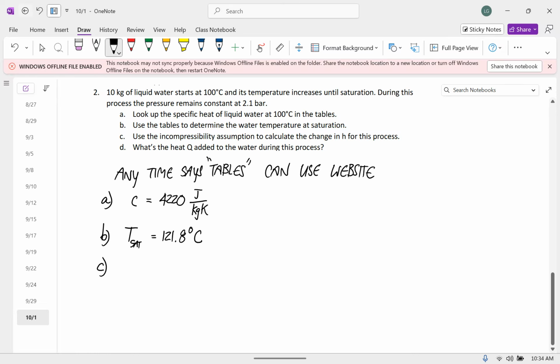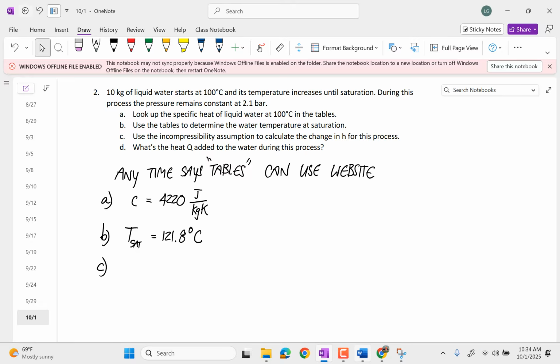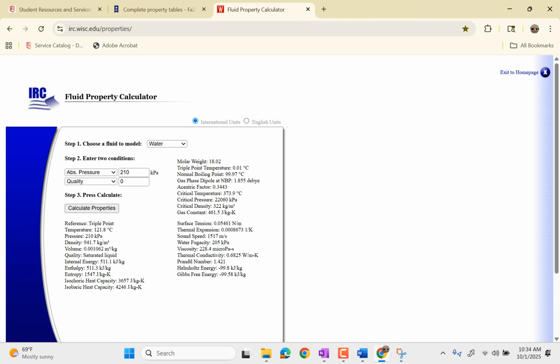Now we want to use incompressibility to calculate the change in H. Well, I'm going to look up the specific volume because we're going to need that. So that is 0.001062.